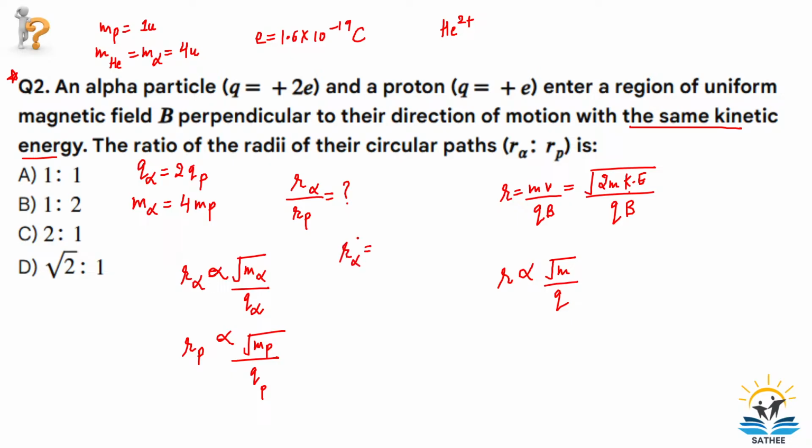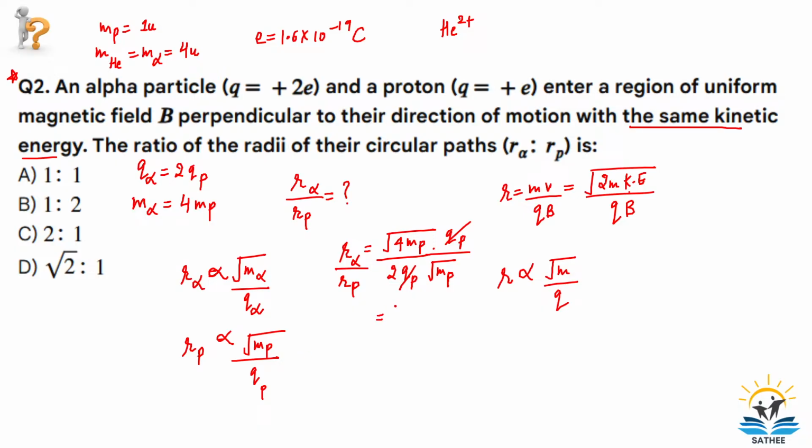So R alpha is root of 4 mp upon 2 qp, over R p, which is root of mp into qp. So qp and qp will cancel out.